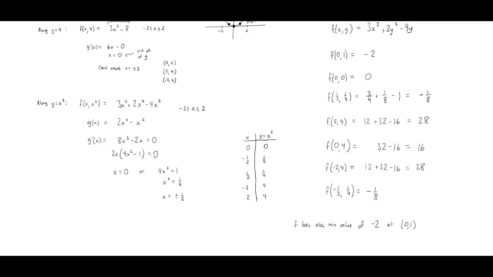And then our function has an absolute maximum value of 28. And that happened at 2 points again, at the point 2, 4, as well as the point negative 2, 4. Okay?